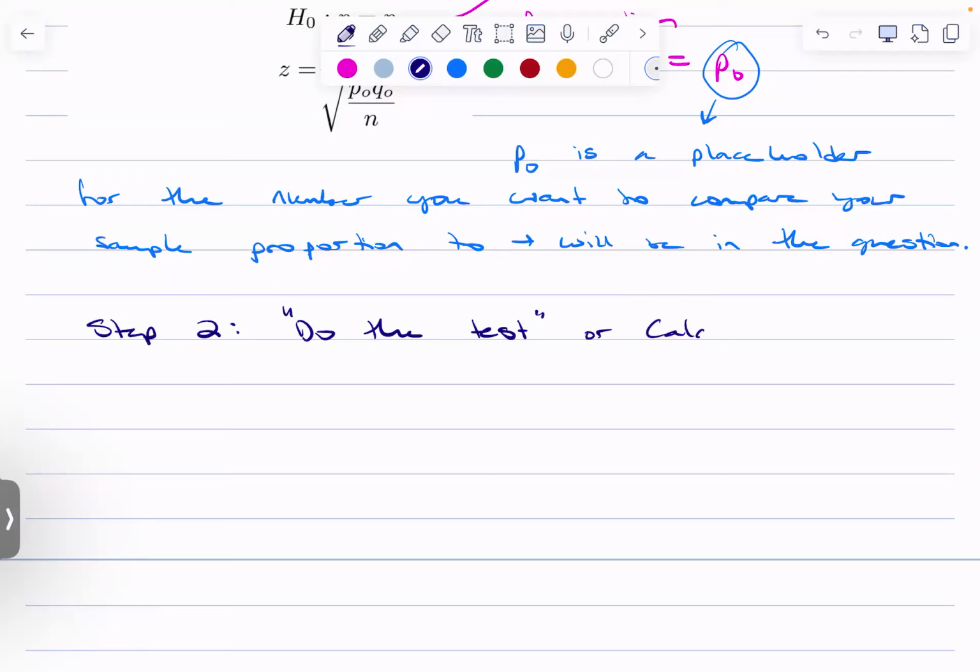Or more boringly, calculate the test statistic.